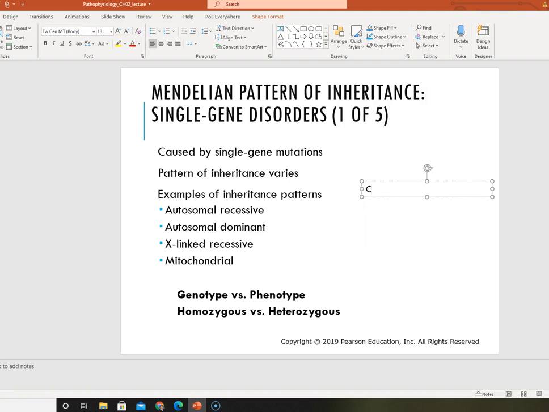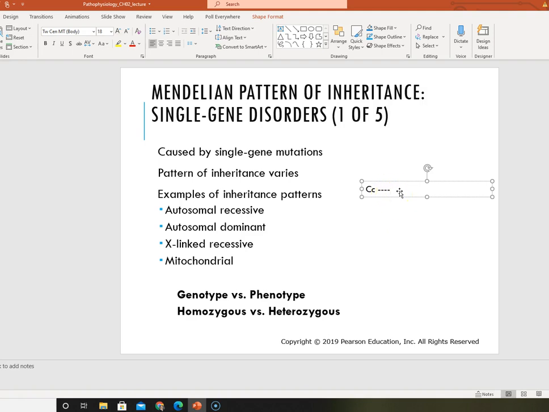So say we have a given genotype. We're going to think about the gene for cystic fibrosis. The normal gene is a capital C, and the lowercase c is the recessive allele. Remember, alleles are alternate versions of a gene.